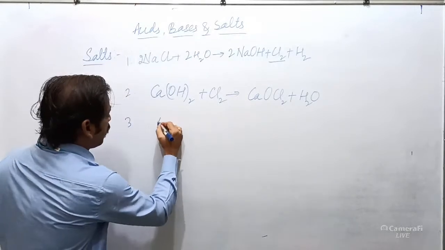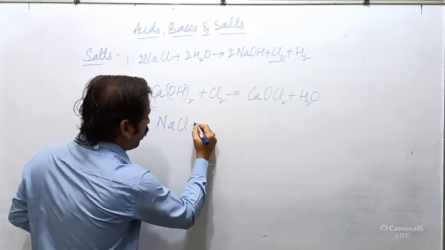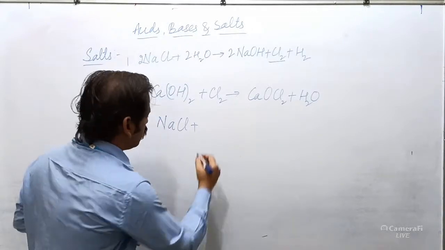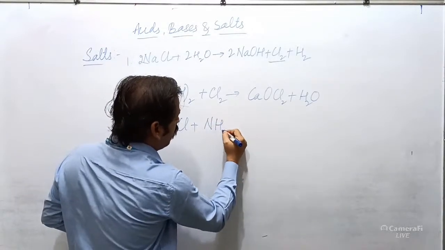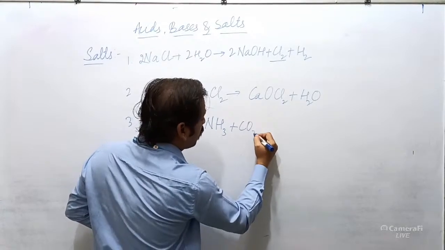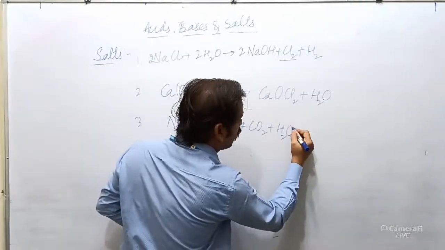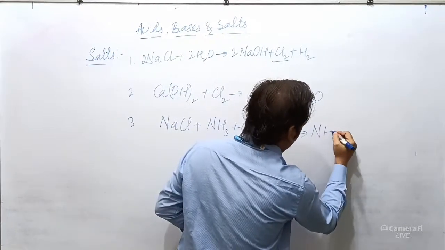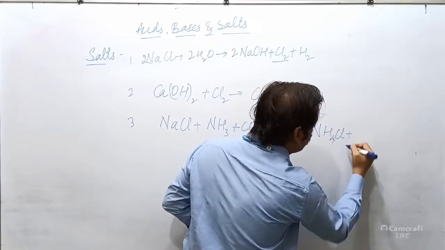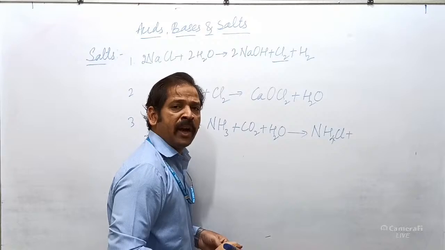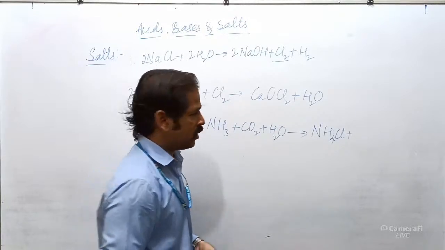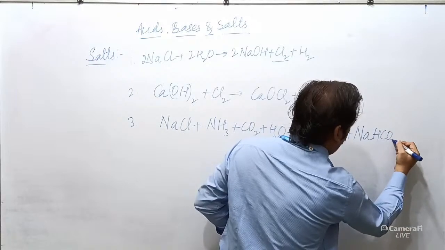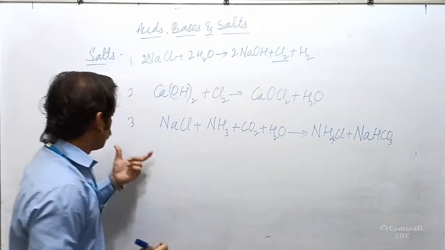Sodium chloride reacts with ammonia, carbon dioxide as well as water, and we are going to get ammonium chloride and sodium hydrogen carbonate, or baking soda. Yes, that is the third one.